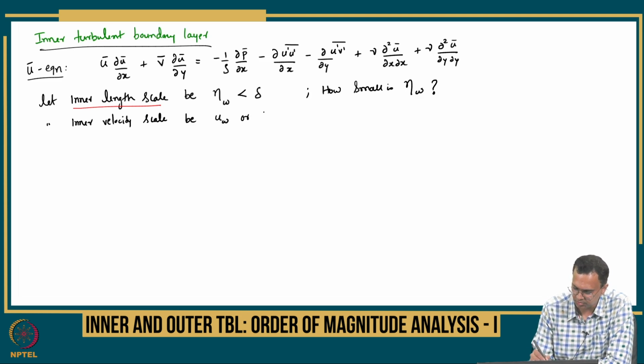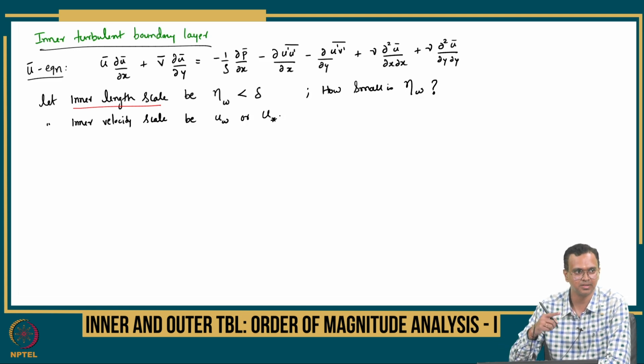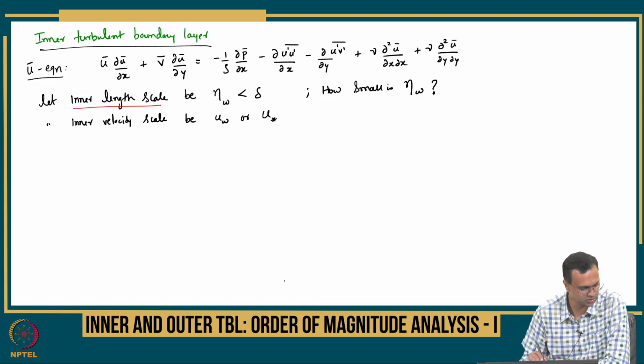Sometimes in literature you also call this U star. Some of you asked what is that U tau or U star. When I showed the RMS data, URMS, VRMS, WRMS was divided by something. I said it's a friction velocity. So we are now coming closer to getting that answer. So let the inner velocity scale be UW or U star here.